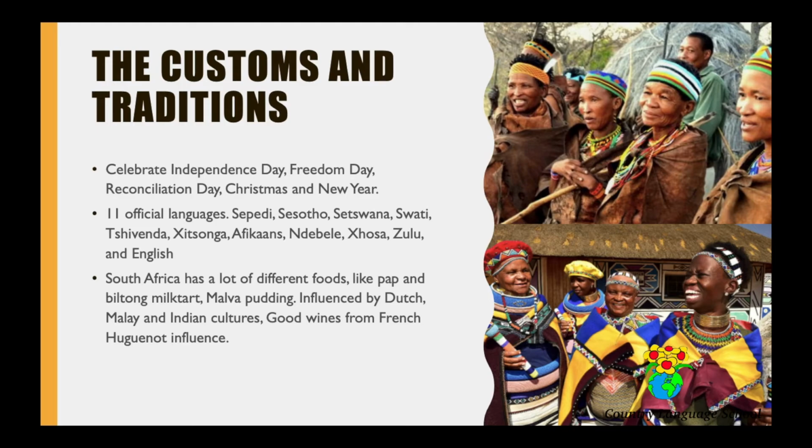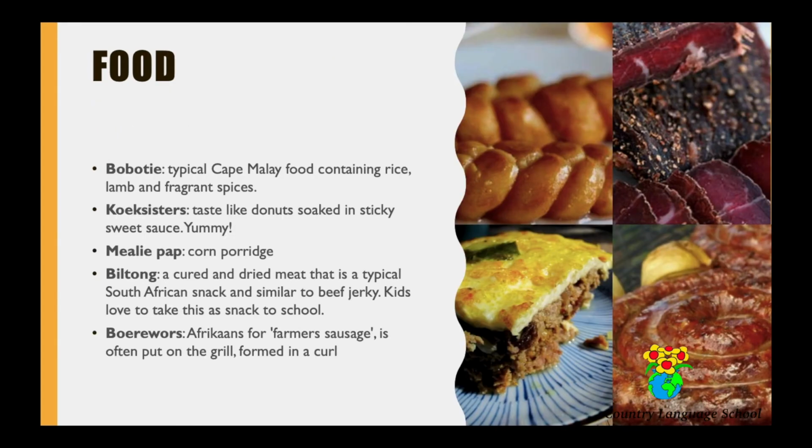Nowadays, most people in South Africa live near big cities like Johannesburg, Pretoria, Durban, and Cape Town. The rural areas are still very poor, and in the cities, many people live in shanty towns or townships. Also, did you know that cars drive on the left side of the road, as they do in the UK and Australia?